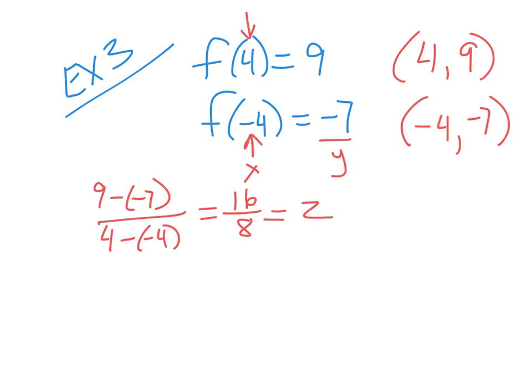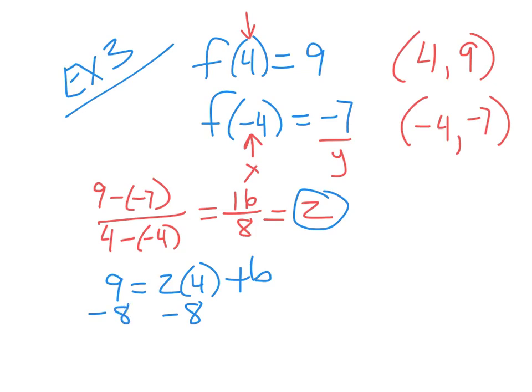All right, so now I can plug in my slope, and one of those 2 points, I'm going to pick the positive stuff. So 9 equals 2 times 4 plus b. 2 times 4 is 8. So I'm going to subtract 8. And I get b equals what? So then you can rewrite your equation. Y equals 2x plus 1.